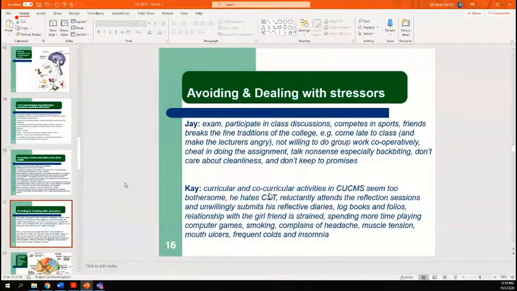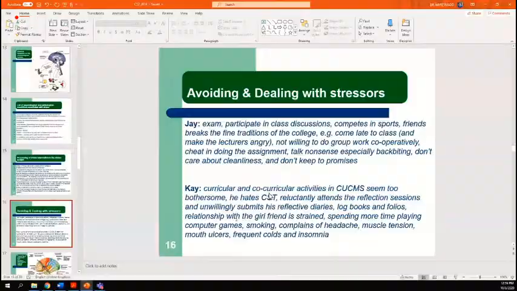All this stresses J more compared to taking exams and participating in class discussion. Compared to K, he doesn't even enjoy curriculum or co-curricular activities in CSNS. He hates CST and is reluctant to attend reflection sessions. So all this is making problems, and even his relationship with his girlfriend is strained.